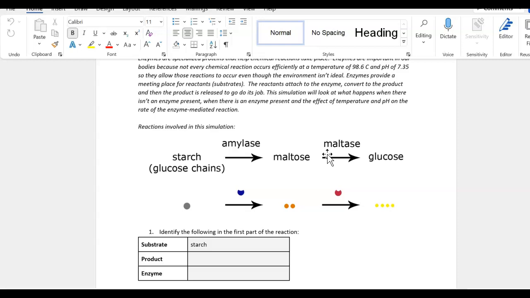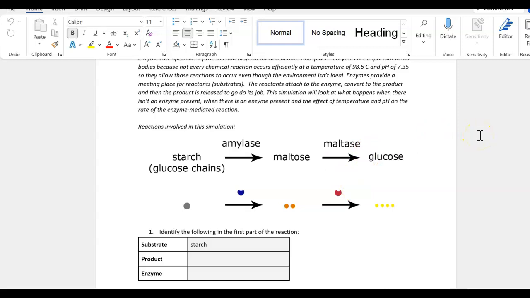If it's too warm, too cold, or at body temperature, how does that change whether the reaction can continue? The third one will look at pH. If your body is too acidic or too basic, how does this determine whether this reaction can take place? So hopefully this explains the enzyme lab.